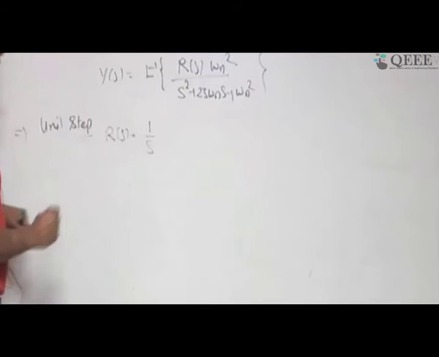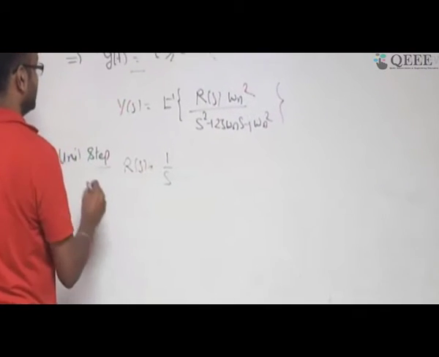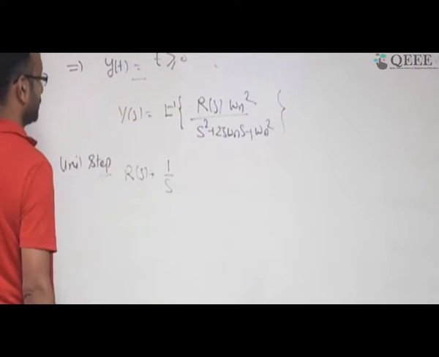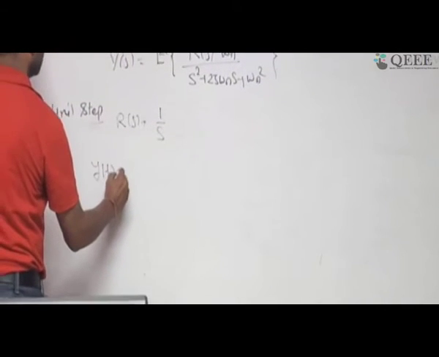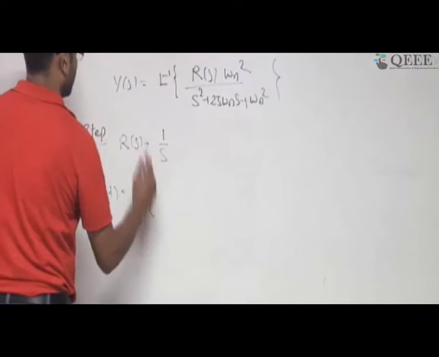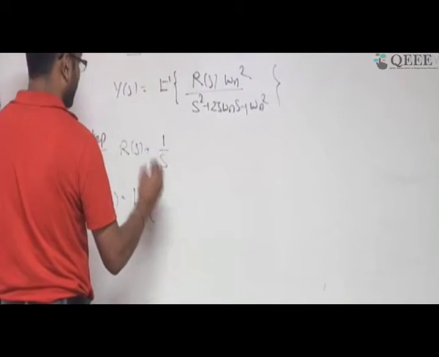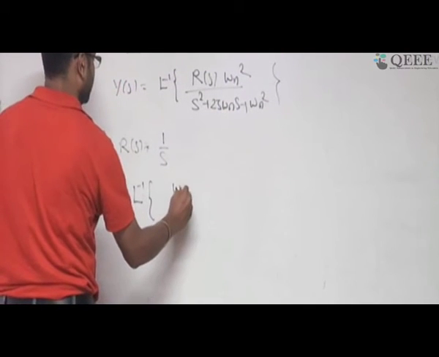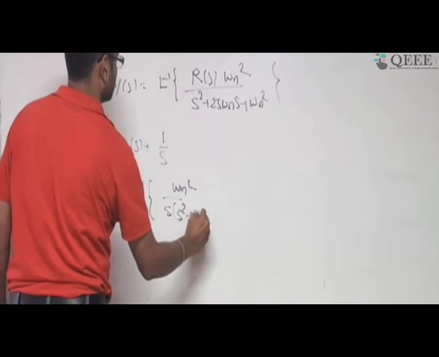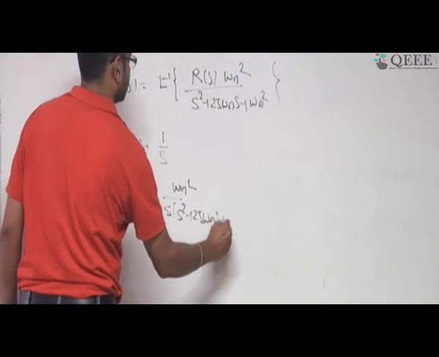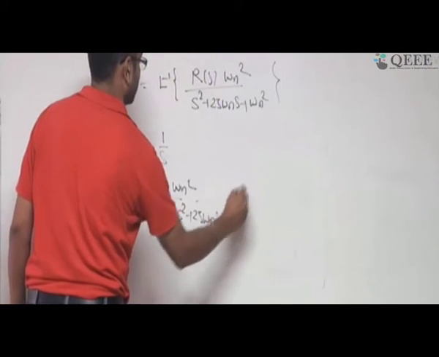All of us know the Laplace transform of the unit step function u(t) is this. So your y(t) is going to be the inverse Laplace transform of omega_n square over s square plus 2 zeta omega_n s plus omega_n square.